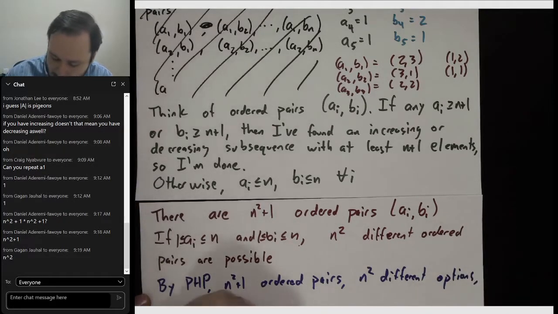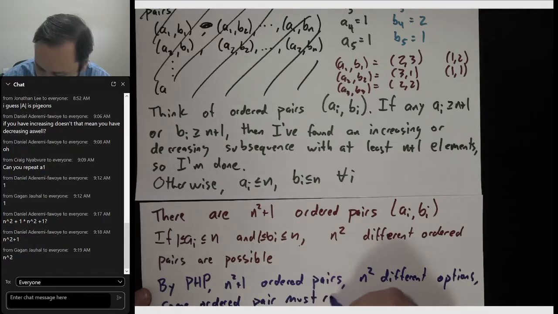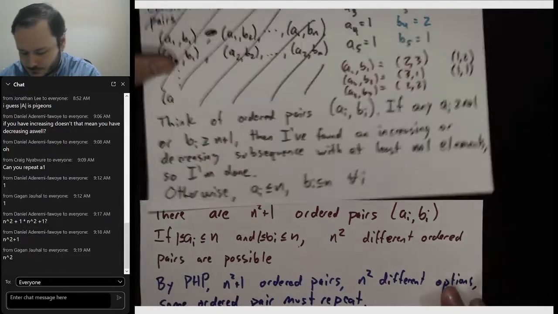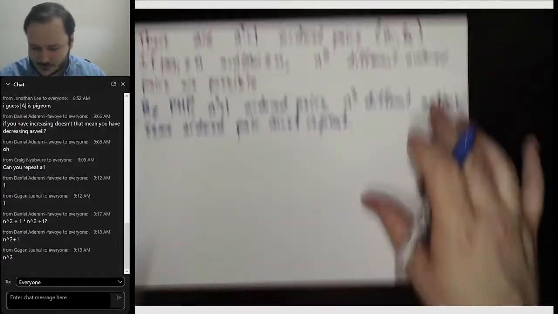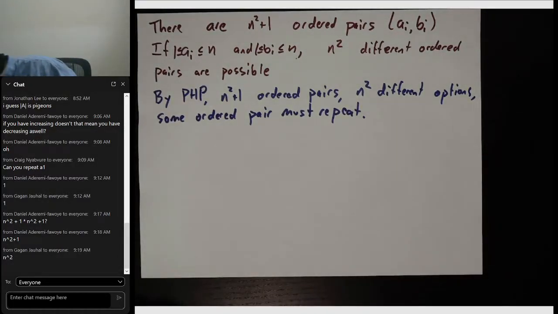Some ordered pair must repeat. Here's where I've used the pigeonhole principle. So what does that mean?